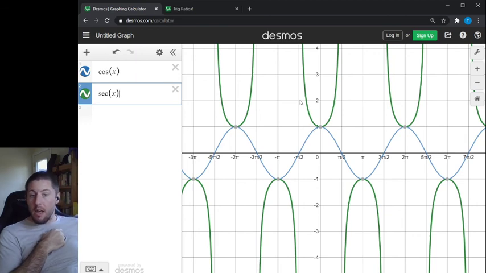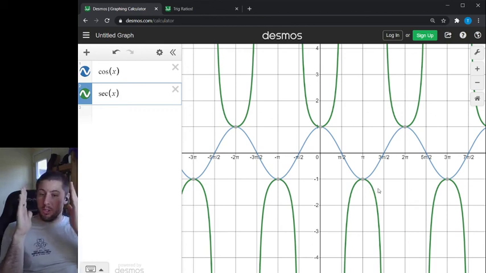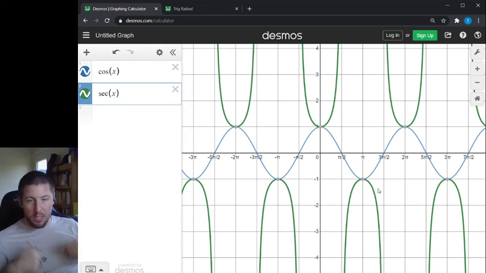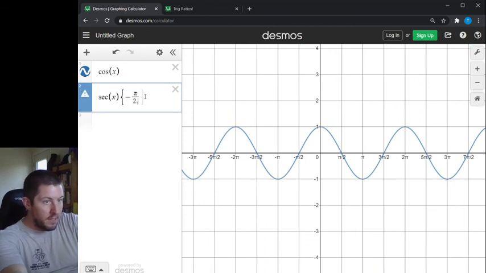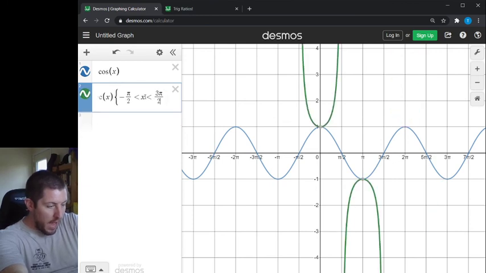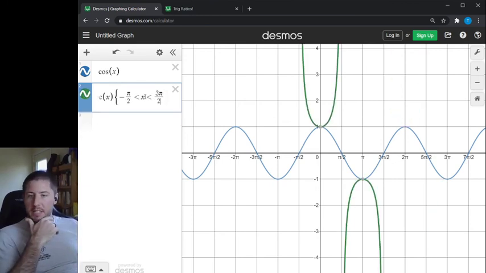Now notice though, these do all of our positive values 1 pi wide, and then all of our negative values 1 pi wide. So it still takes a full 2 pi to experience all possible outputs before they start repeating again. So one period of the secant function here might really look like something like negative pi halves to 3 pi halves, right? There's one full period of the secant function.